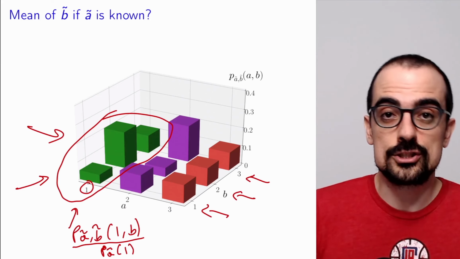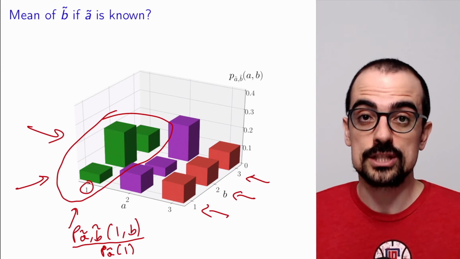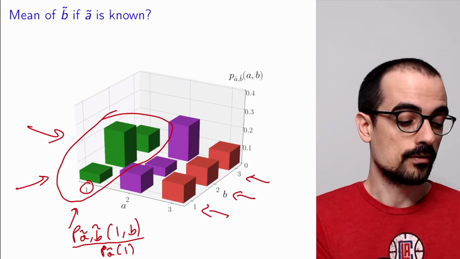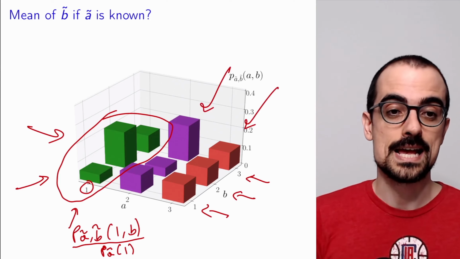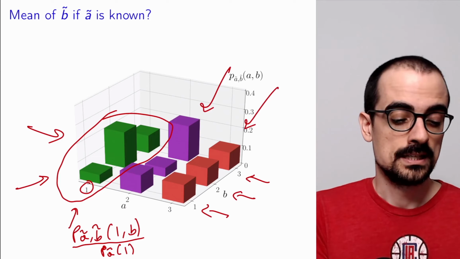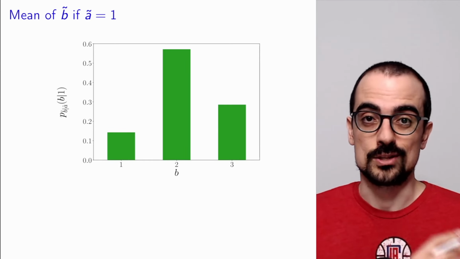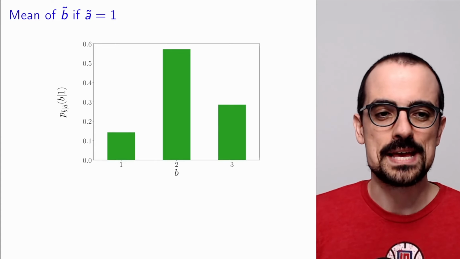Once we have that conditional PMF, we can compute the conditional mean of B given A. And we can do that for each of the possible values of A. So let's do that. This is what the conditional PMF looks like after normalizing so that it's actually a valid conditional PMF.